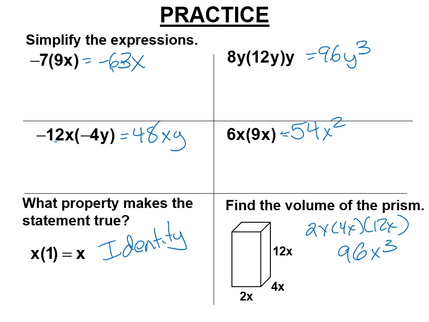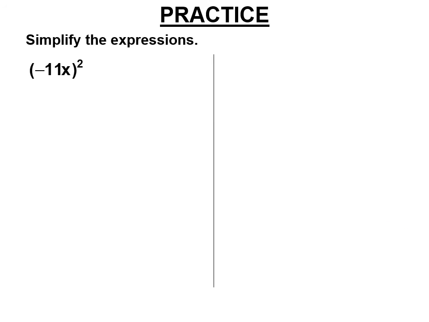Yeah, I put a bunch of 12 times 8 here because if I put 12 times 8 on a test, people get it wrong. It's 96. So this is 96x cubed. Right? Two negatives make a positive. There are two negatives in that problem.